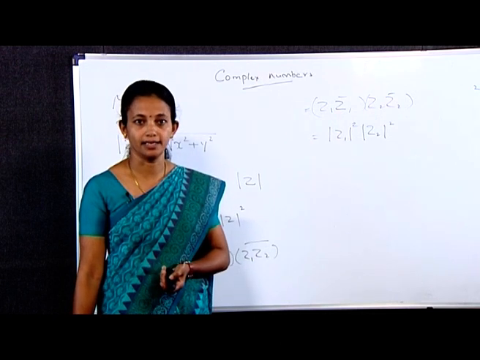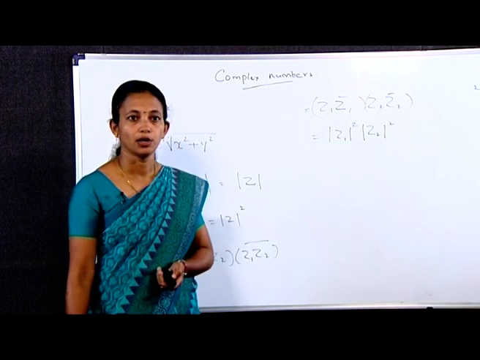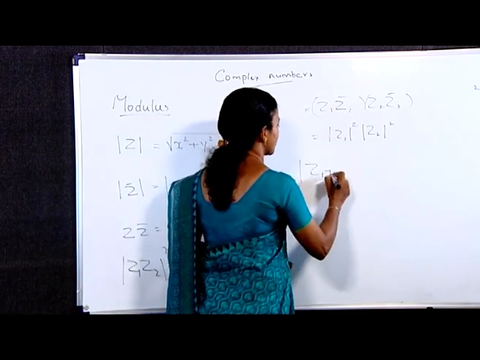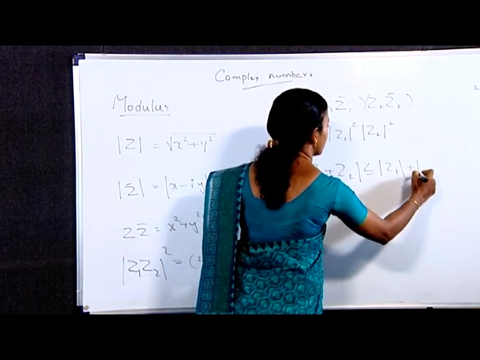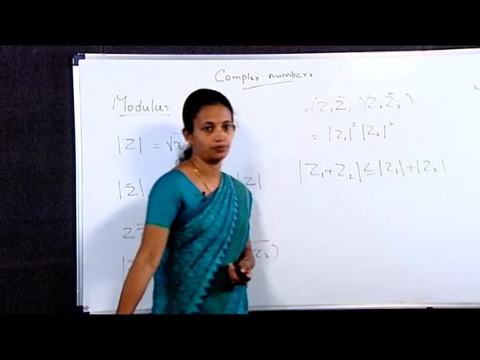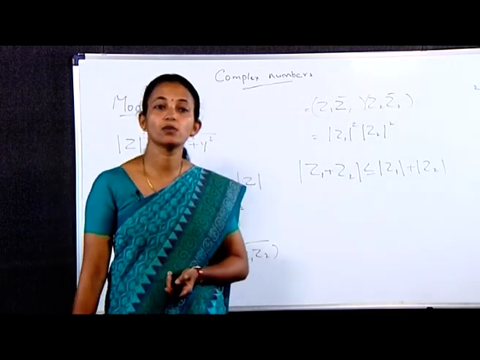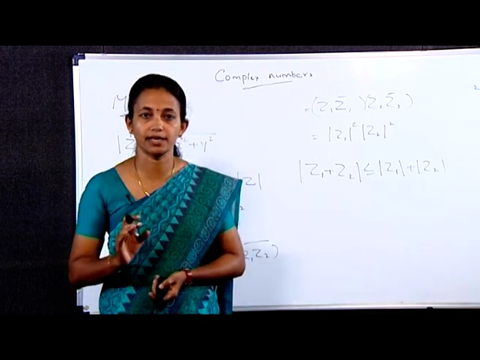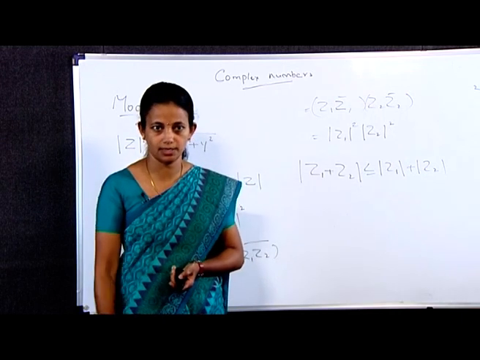This inequality is called the triangle inequality. Recall that in geometry, the triangle inequality states that the length of one side of a triangle is always less than the sum of the lengths of the other two sides.